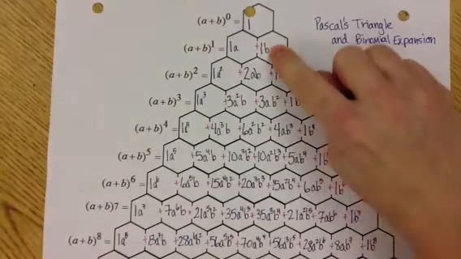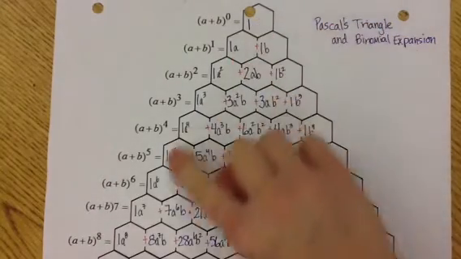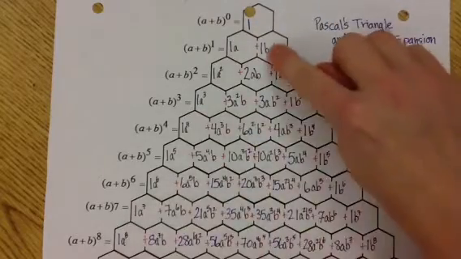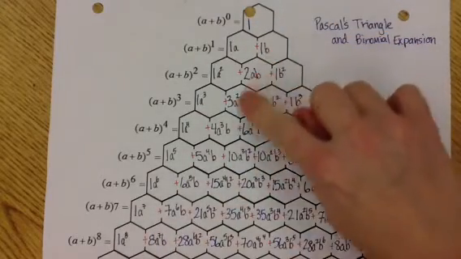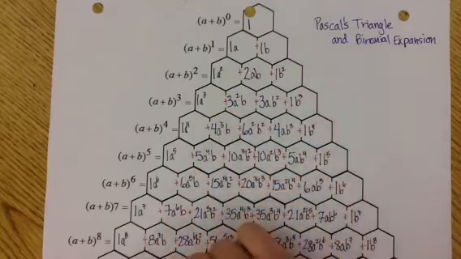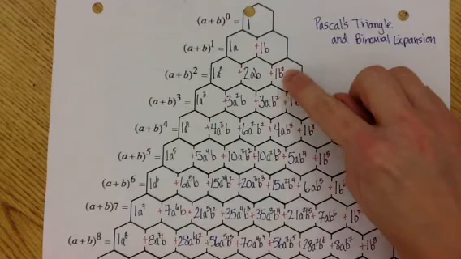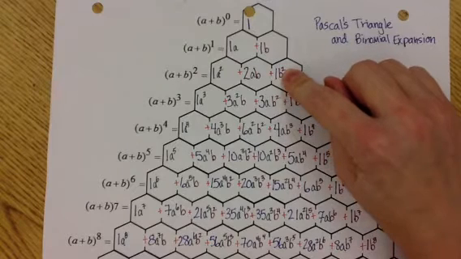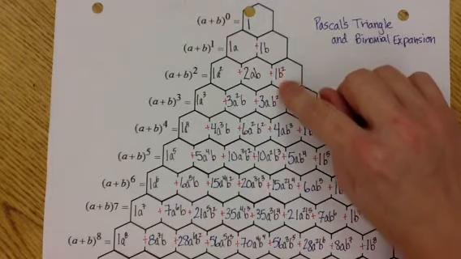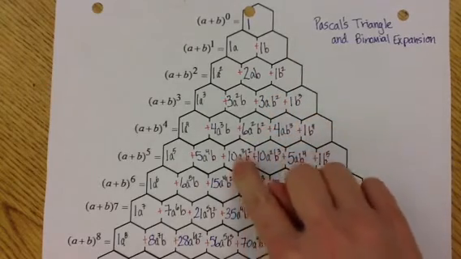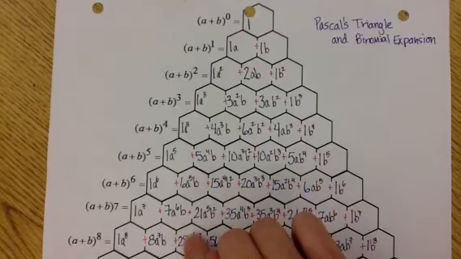Another quick pattern is we talked about this first outside row has all 1s. Well, this next diagonal goes 1, 2, 3, 4, 5, 6, 7, 8, 9. So there's a difference of 1 between each term. And then this diagonal, there's a difference of 2 here, a difference of 3 here, a difference of 4 here, a difference of 5 here, 6 here, 7 here, 8 here.